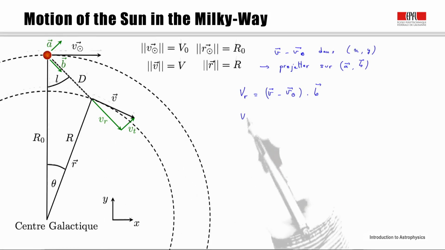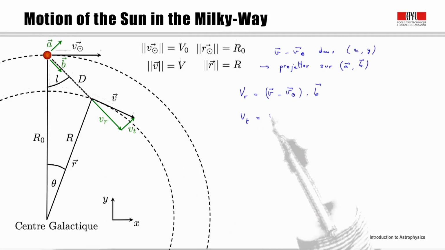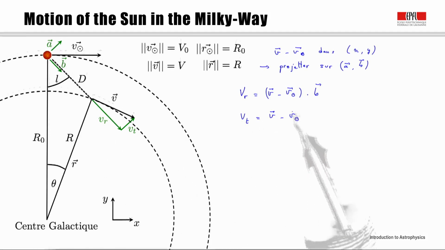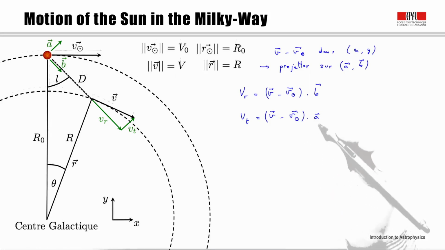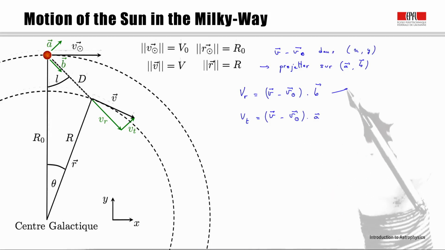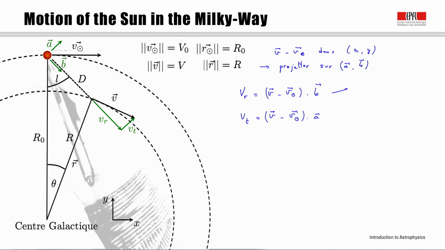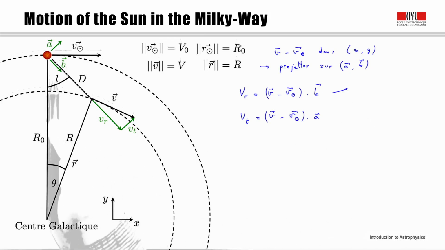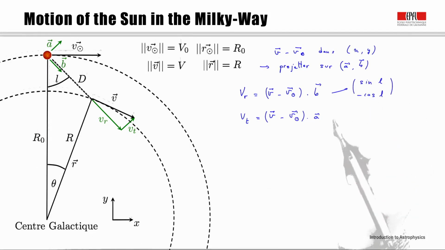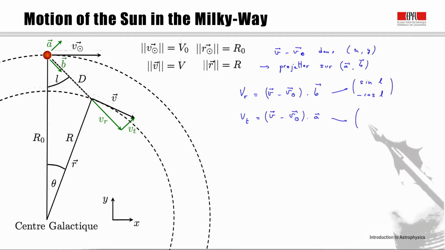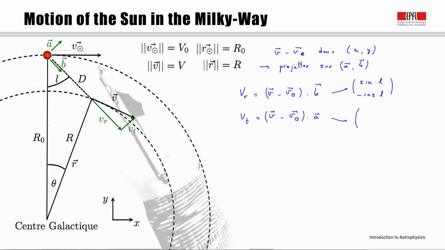The same for the tangential velocity: v minus v sun in Cartesian coordinates, dot a in Cartesian coordinates. The b vector in Cartesian coordinates has one component equal to sine l here, and minus cosine l here. This is the vector b. For the vector a, one finds the angle l here.